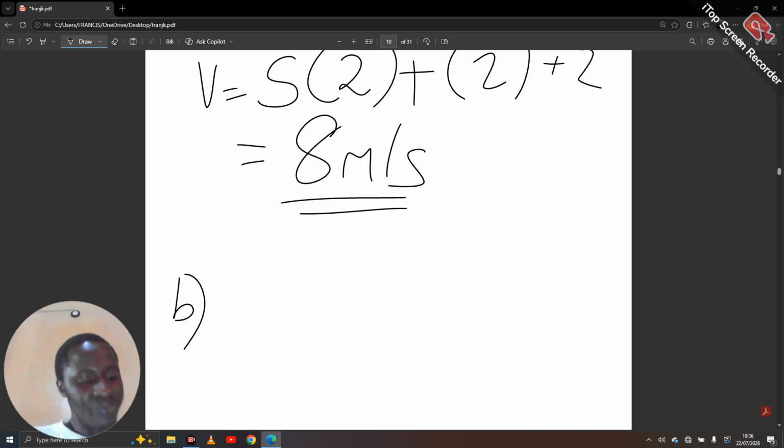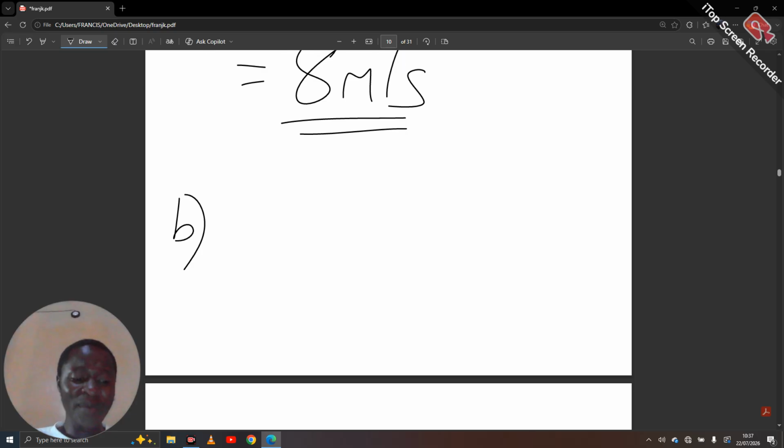Part B. Find the time taken by the particle to attain maximum velocity and the distance it covered to attain maximum velocity. What distance did it cover to attain that same maximum velocity? Remember, at maximum velocity or minimum velocity, acceleration equals 0.